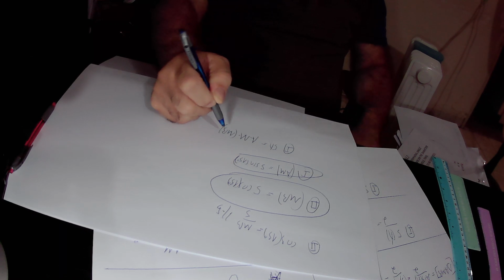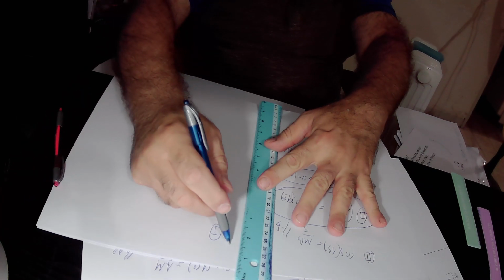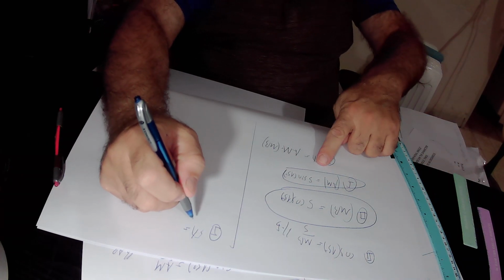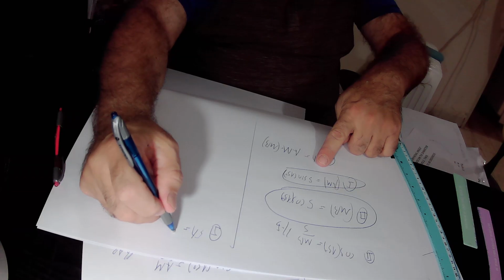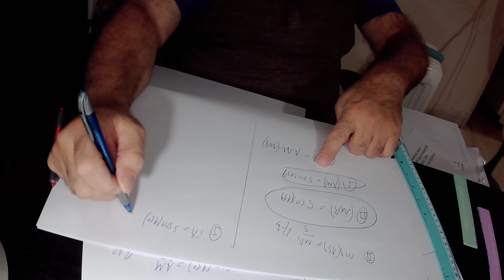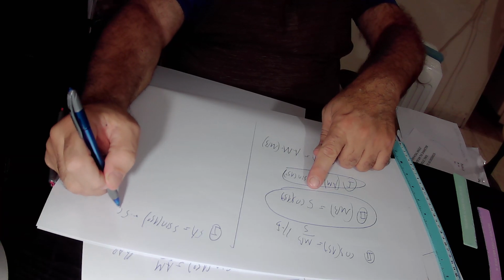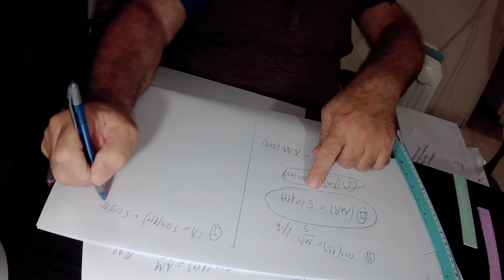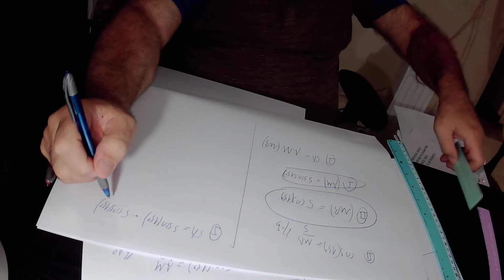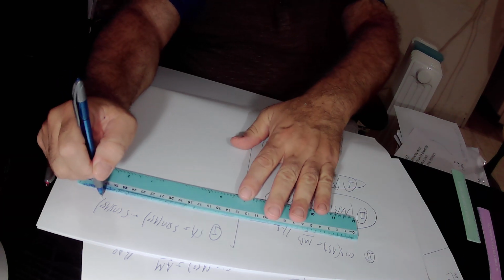So 5H equals AM, which is 5 times sine 15 degrees, times MB, which is 5 times cosine 15 degrees. So in total, we found that 5H equals 5 times sine 15 degrees times 5 times cosine 15 degrees.